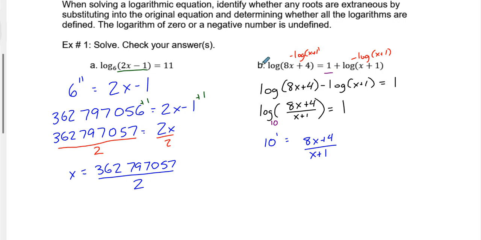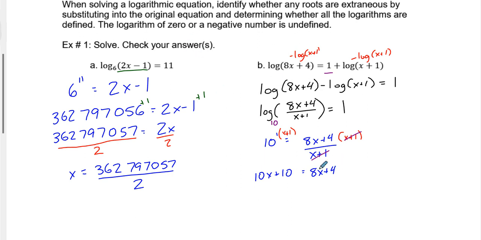In order to get rid of a division, we'd have to multiply both sides by an x plus 1. On the left-hand side, we'd have a 10x plus 10. Our x plus 1 and x plus 1 cancel off, and we'd be left with an 8x plus 4 on the right-hand side.